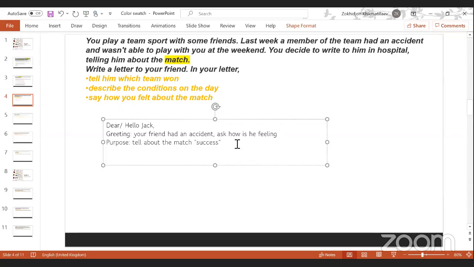So without you, we lost the game. Yes, you may say that it was challenging to win because he wasn't here. But they still made it. They tried hard to impress him, to make him happy, to fulfill his place. Okay, so purpose, tell him about the match that you won. It's this one already. So B1 is gone here with purpose.